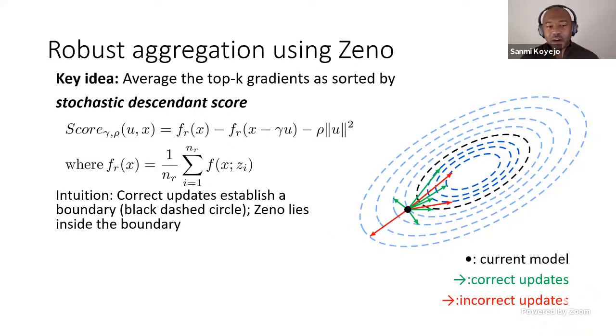This score on the server computes the current point and the update and checks whether the update actually helps the optimization progress or not. It keeps updates that are pointing in a good direction, if you think about this as pointing towards a good optimum, and it throws away updates that are pointing away. So it has this radius of confidence where it keeps updates or throws them away. We do this by sorting the scores and keeping the top K.